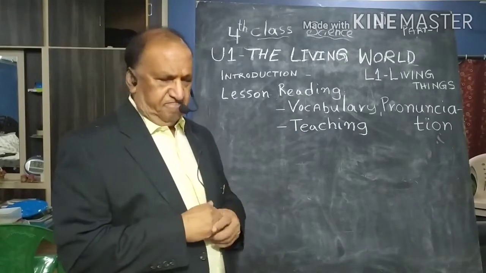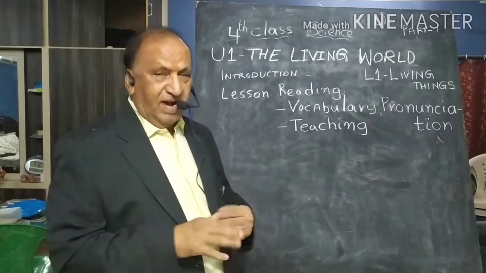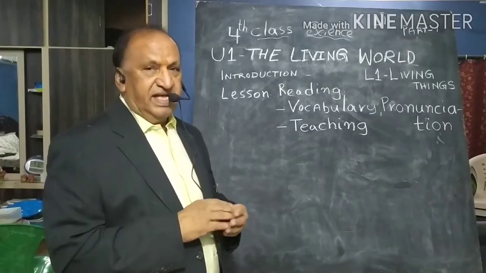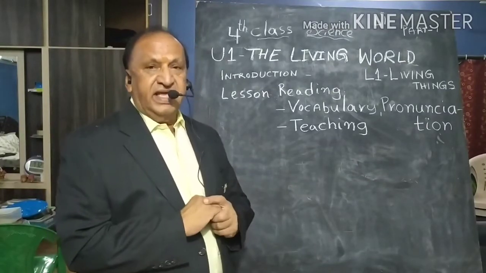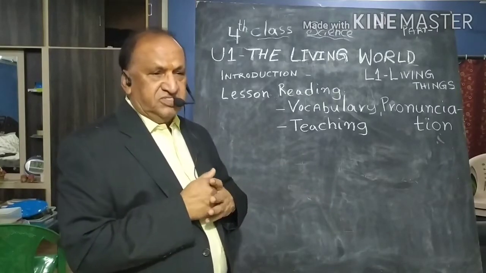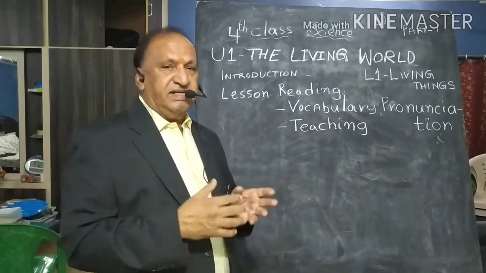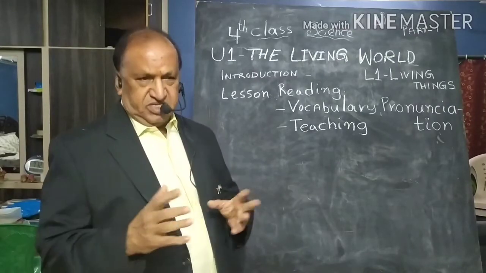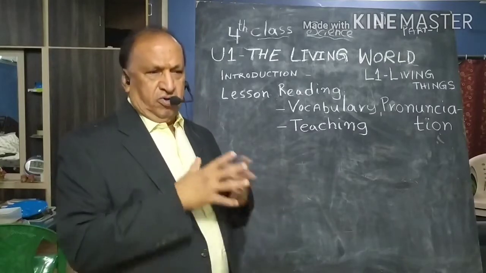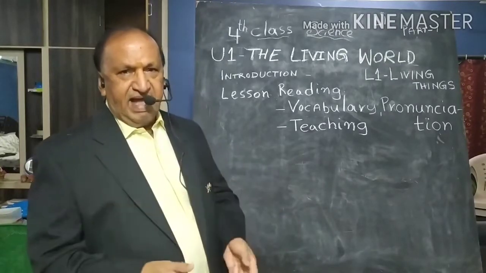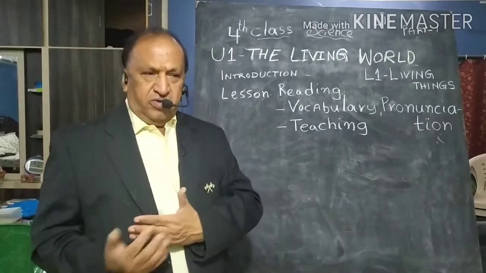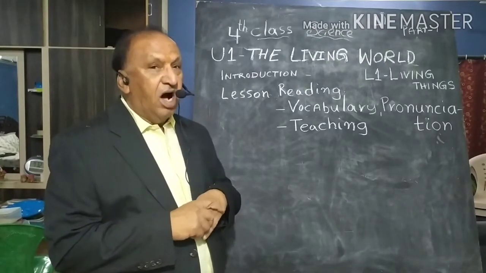It may not move, but an animal, for example, will move. Again, living things need food and water. There is another characteristic: they produce their own kind. For example, cat, dog and chicken produce their own. Similarly, plants, how do they produce?